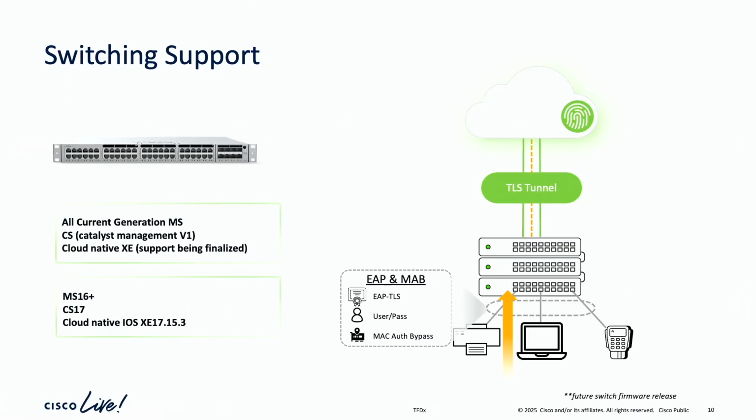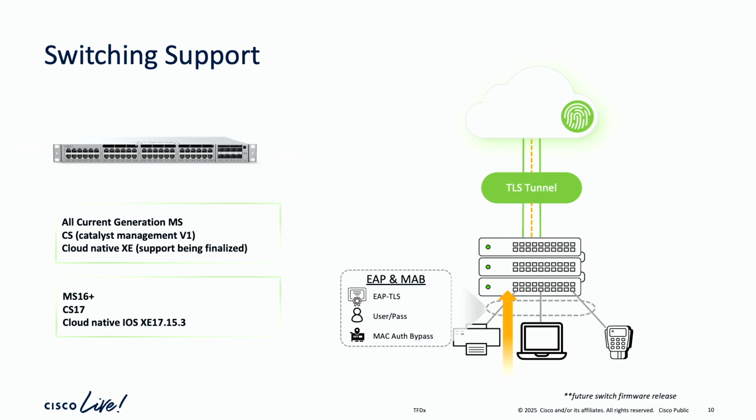From a switching support perspective, as I was mentioning, all current generation MS, anything that can run MS16 firmware and above, is supported. Our first generation of Catalyst switch management, which I presented on a couple times here, is supported, and we're bringing support for our cloud-native XE next-gen software stack that we just launched into beta, and hopefully here in 17.15.3, if everything works out the way we want.